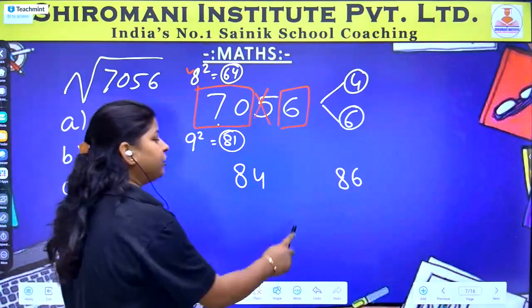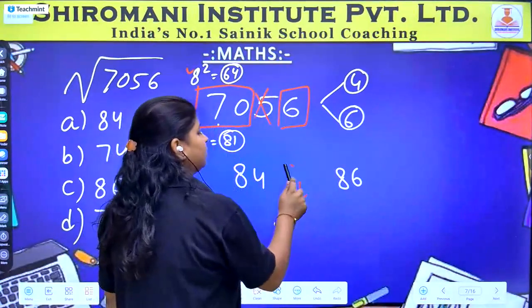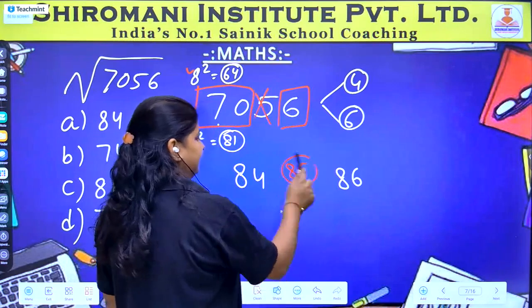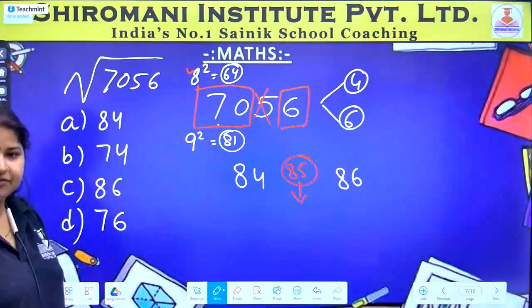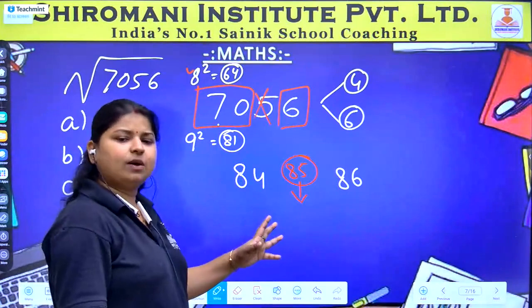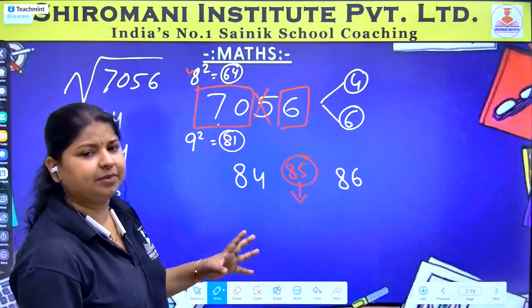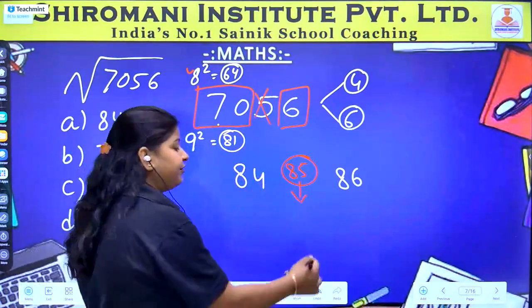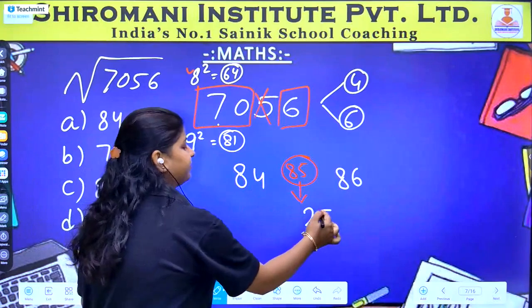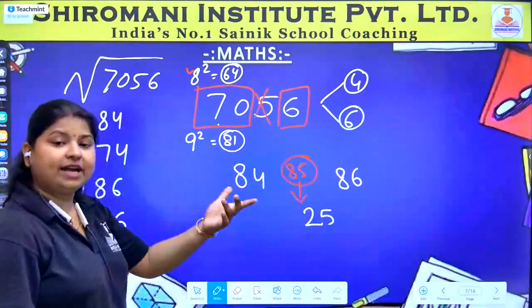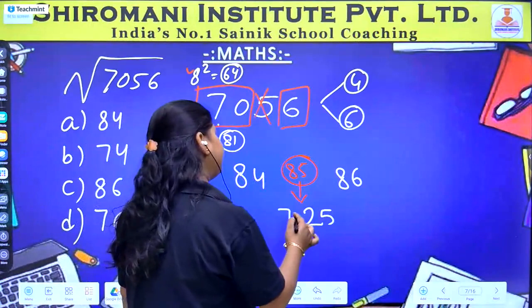So you have to calculate the square of the middle digit, that is 85. 85 ka square, only 1 second beta. 5 into 5, 25, and 8 into 9, 72.